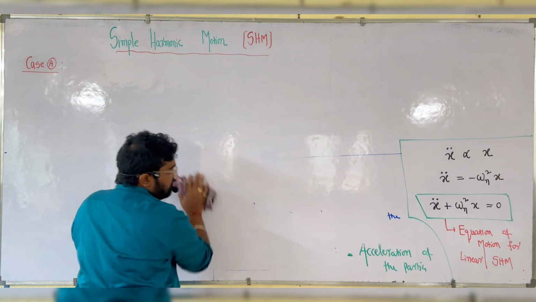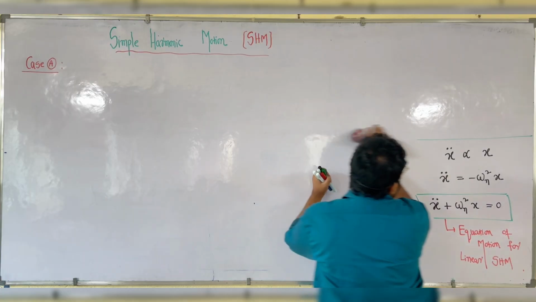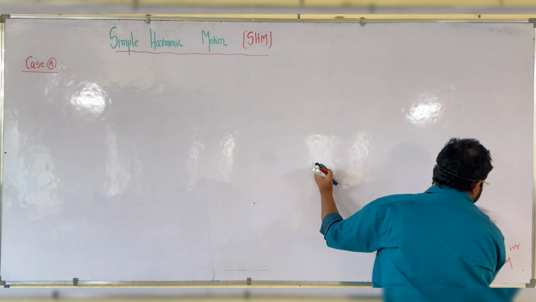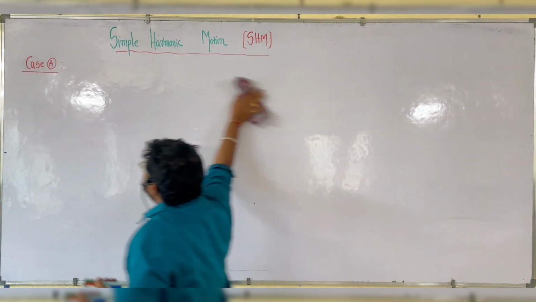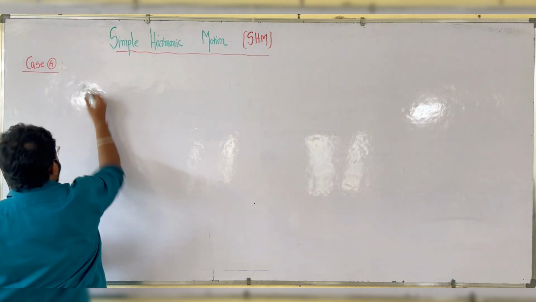What is the meaning of x equals a sin omega t and a cos omega t? Right now, case A, when the particle is moving from mean position to extreme position.